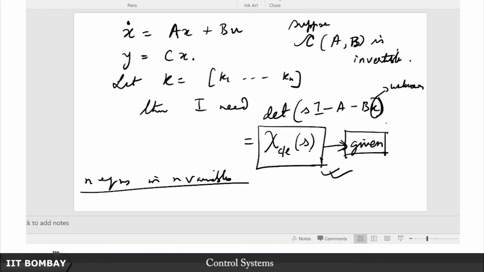In some of the coefficients of this closed loop characteristic polynomial, multiple of those gains are entering. So it will be a coupled system of n linear simultaneous equations in n variables. So that is the price.